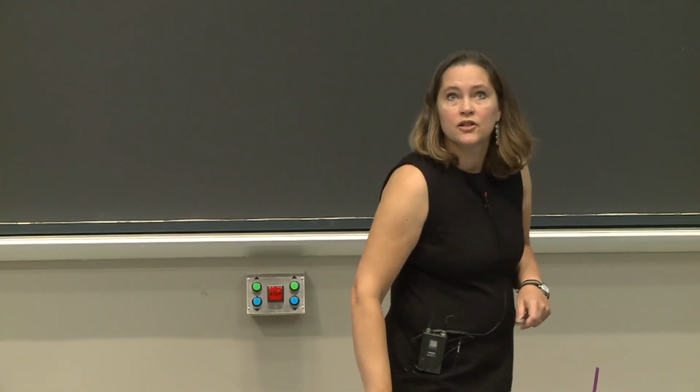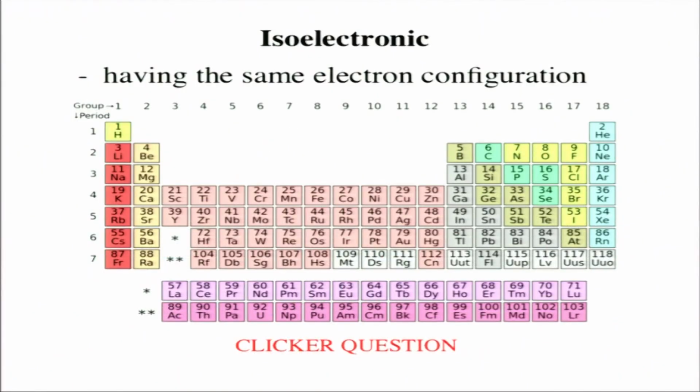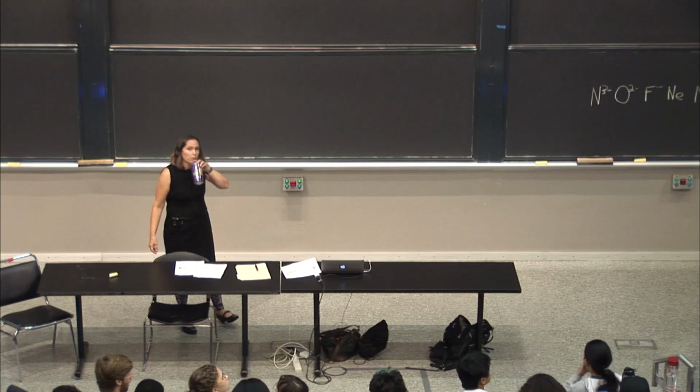Okay, so let's just do what should be a very fast clicker question. It is a clicker competition after all, so we've got to get in some extra clicker questions.